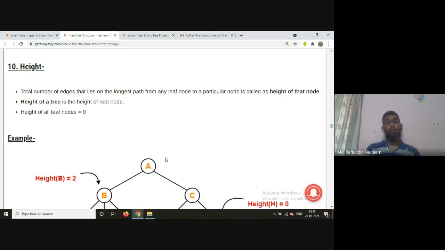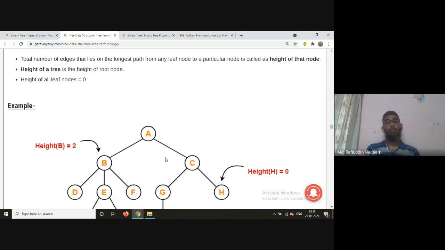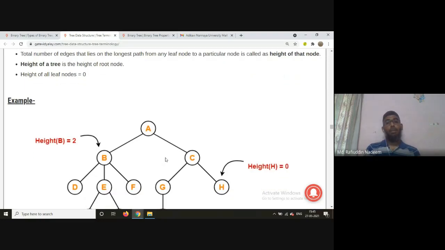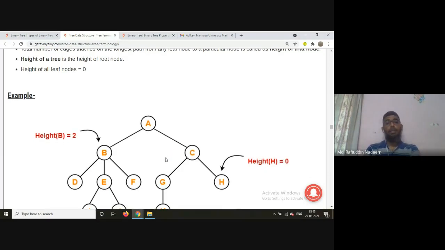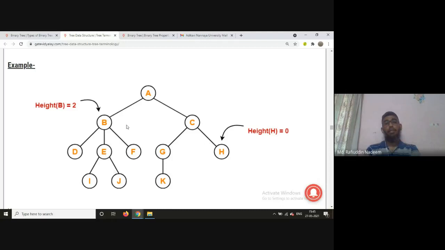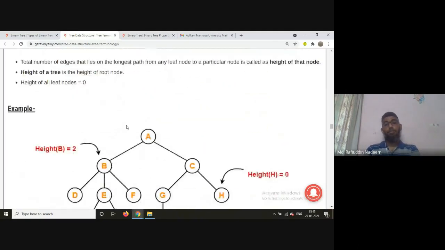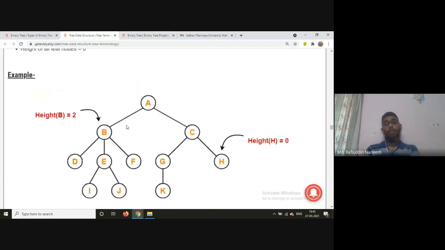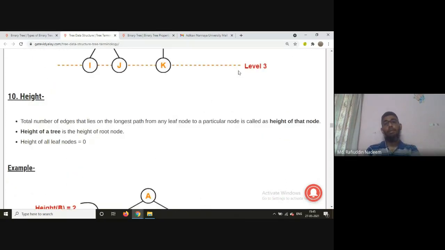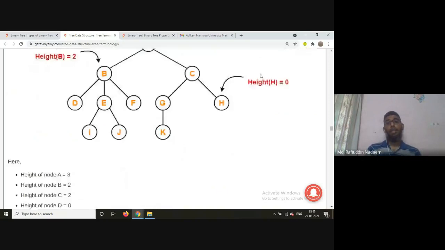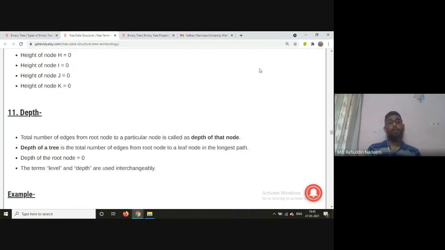From the bottom to the top, if you count the number of edges, that is the height. Here the height of the tree is 3. Whatever the last level is, that will be the height of the tree. That is a simple way to remember.